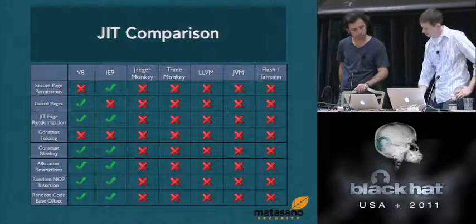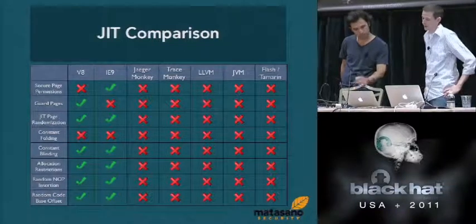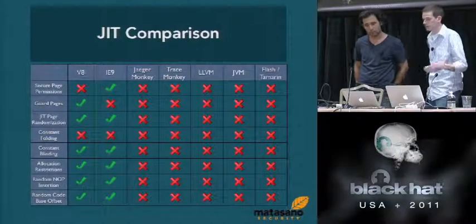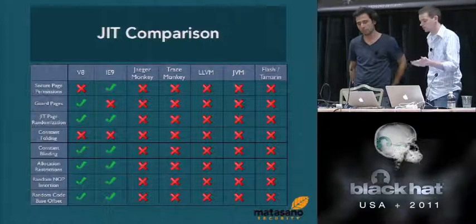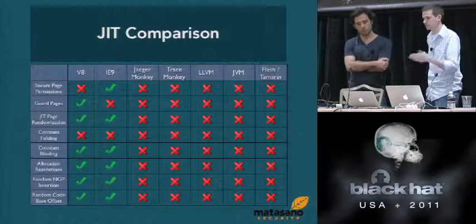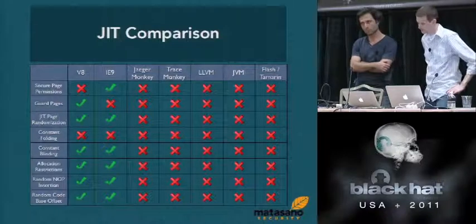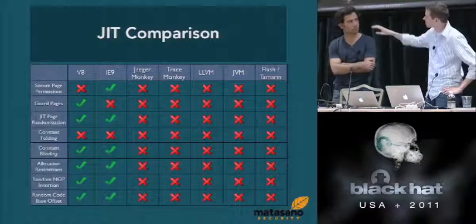Also, another thing to mention here is that we've actually been talking to the Firefox developers, and a number of these protection mechanisms, I don't know how many or which ones, but some of them will be implemented in a newer version of Firefox in the near future. And some things also don't make sense, we should point out, like guard pages, for example.